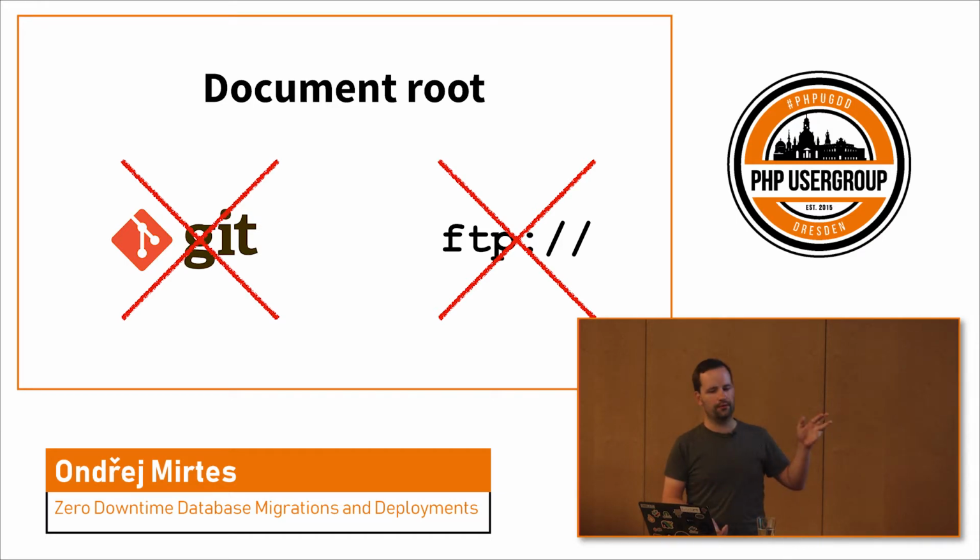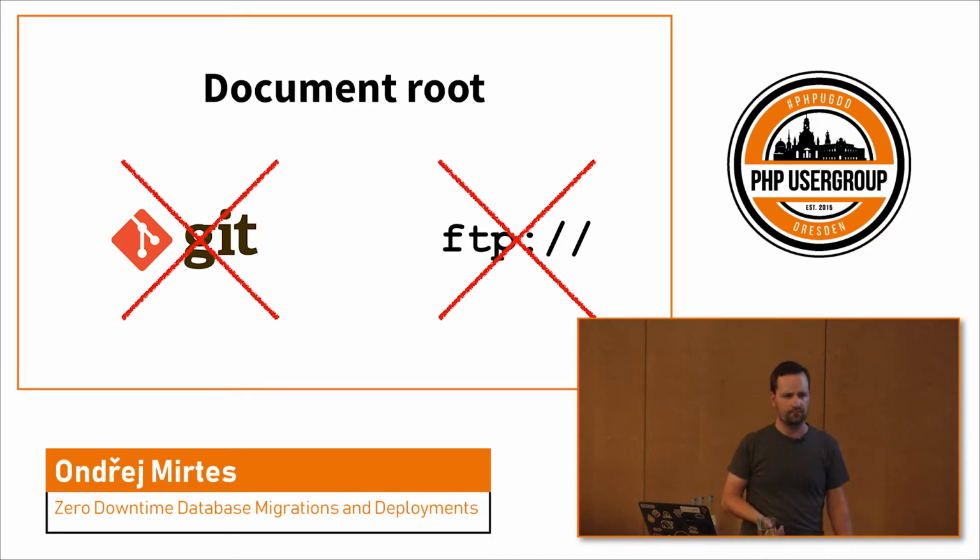Of course, you can involve Git in the process, but the website shouldn't be served right from the working directory of your Git repository and updated with git pull, because when you are directly overwriting files in production, you don't give your application any chance to prepare for the incoming traffic. So you cannot do the template compilation and DI container compilation and stuff like that. And of course, the FTP approach is completely broken, the update can take minutes, and you will leave your code inconsistent for a long time.